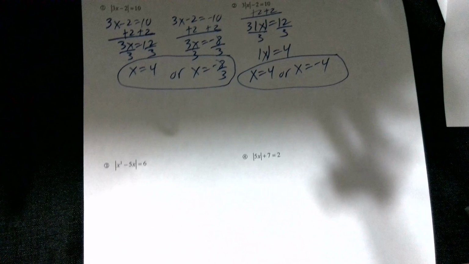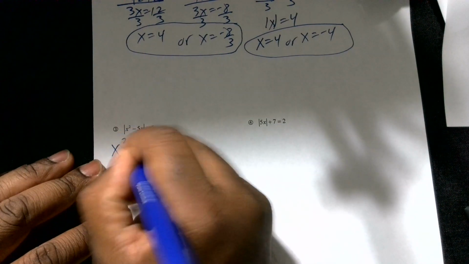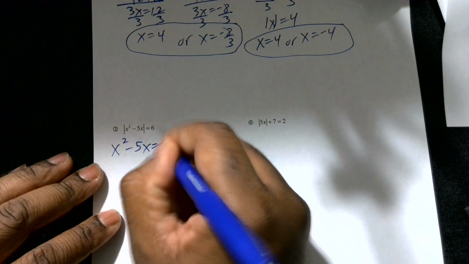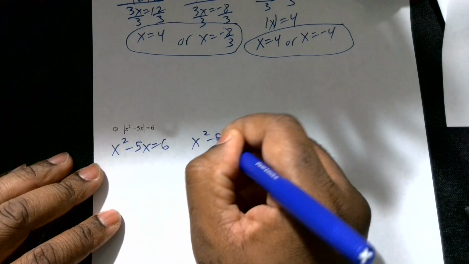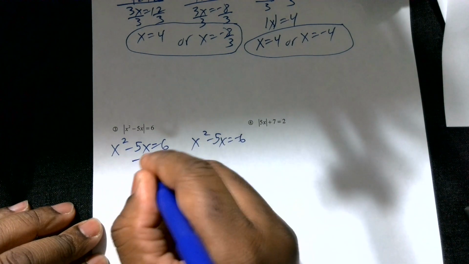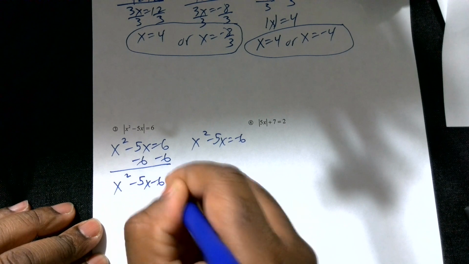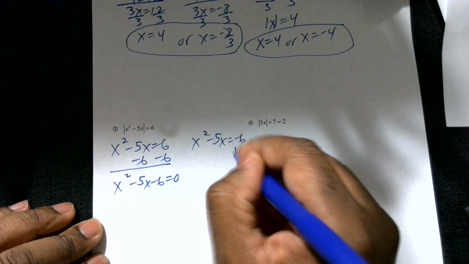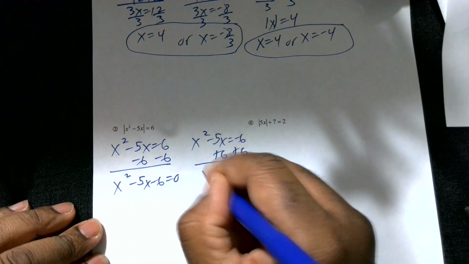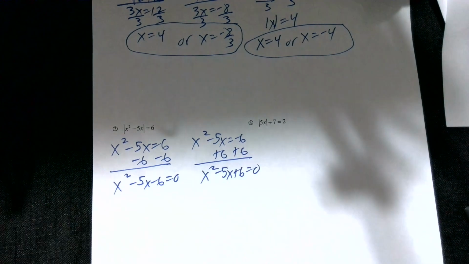Now we go here to problem number 3. So we had x squared minus 5x is equal to 6, and x squared minus 5x equals negative 6. So we'll subtract 6 on both sides, and x squared minus 5x minus 6 is 0. We'll add 6 on both sides, and x squared minus 5x plus 6 equals 0.